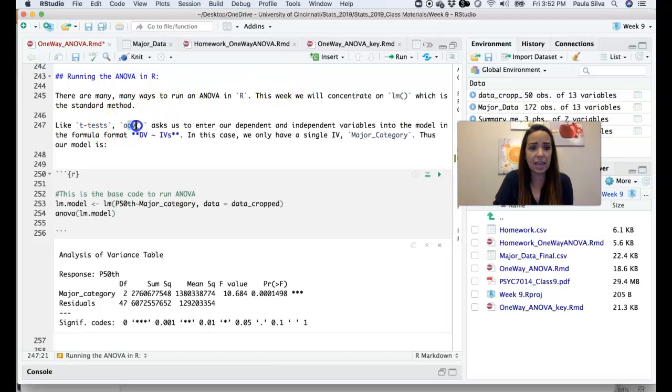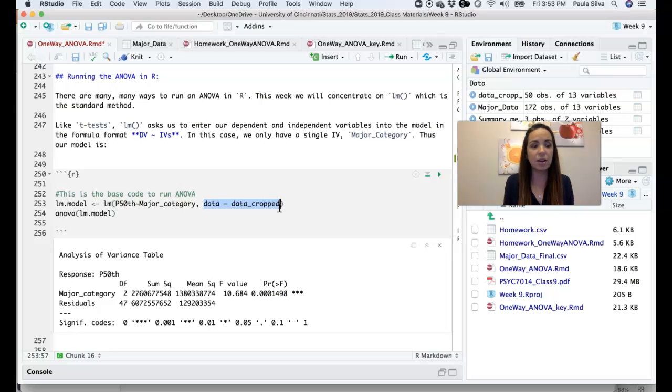Like t-test, the LM function asks us to enter our dependent and independent variables into the model. In that style that you just learned, you have the DV, or the response variable, squiggle, and then your explanatory variable or independent variable, and then the data set. That's all. It's even easier. That's all you need to put in.